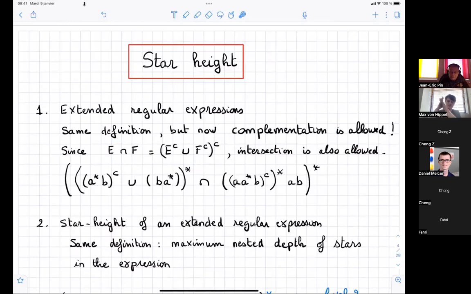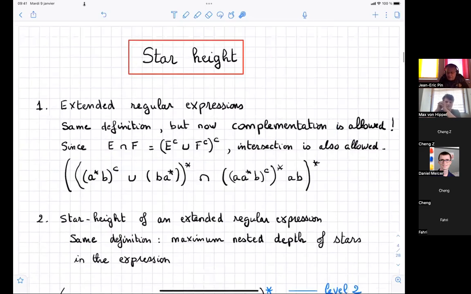So here you have an example of an extended regular expression. I'm using union, intersection, complement, and star. Now we can do exactly the same thing.